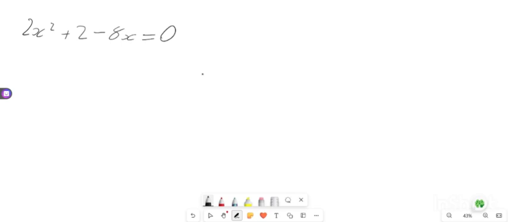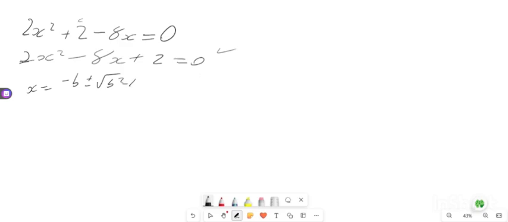Remember, first we put it in standard form. So you say 2x squared, there is no c here, so we put b, minus 8x, plus 2, which is your c, then mark. And then we continue by putting into the quadratic formula: x equals minus b plus or minus the square root of b squared minus 4ac, divided by 2a.